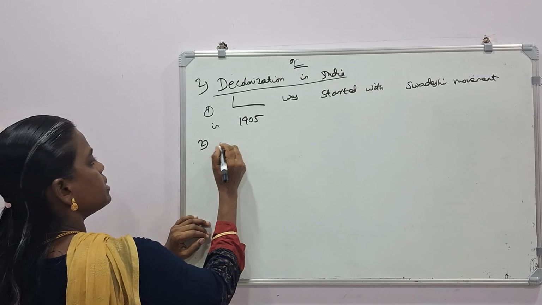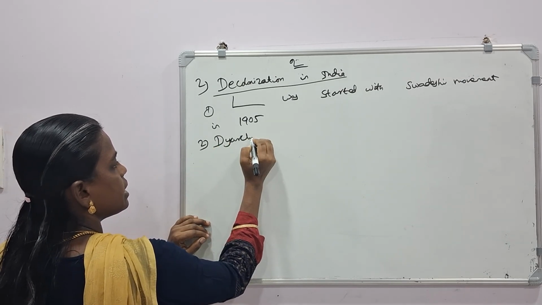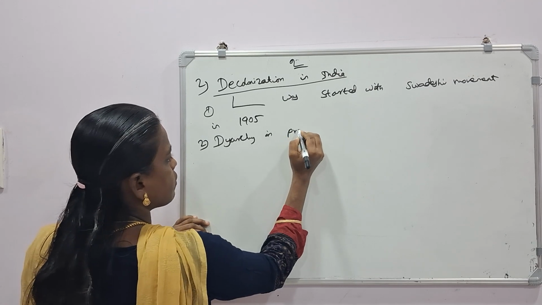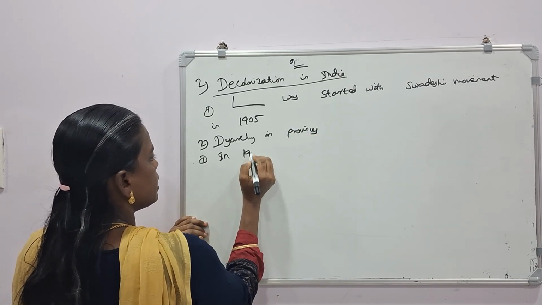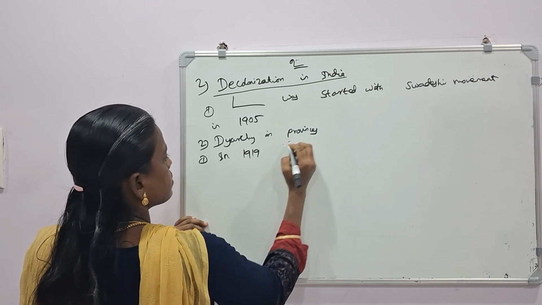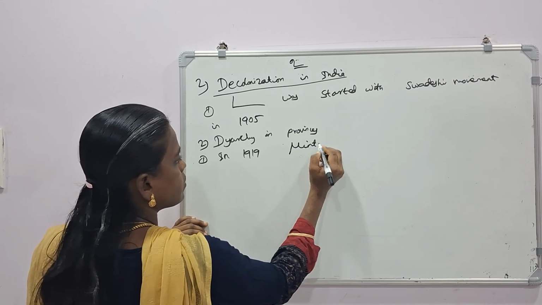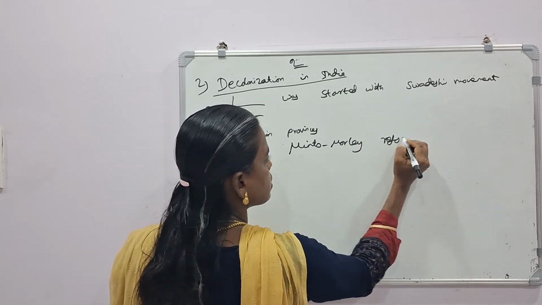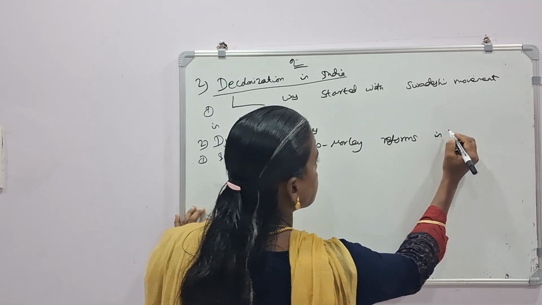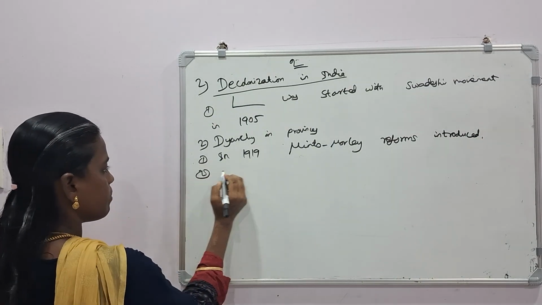Second side heading will be diarchy in provinces. Here in 1919, the Montagu-Chelmsford reforms were introduced, or the 1919 Government of India Act was introduced.